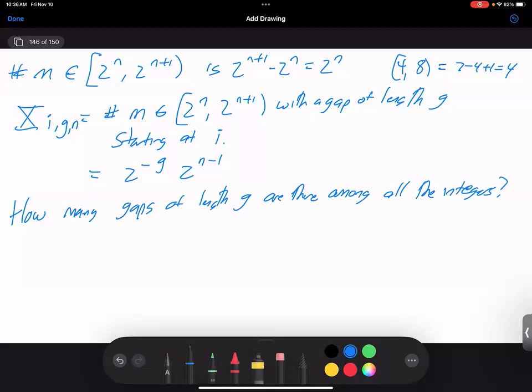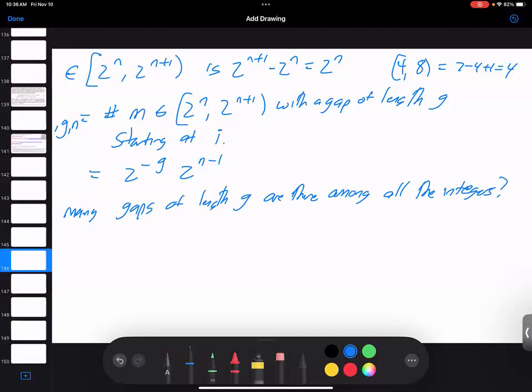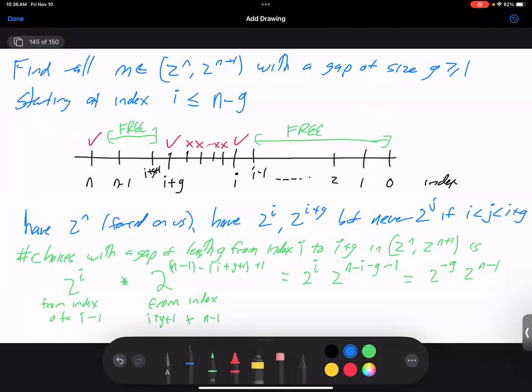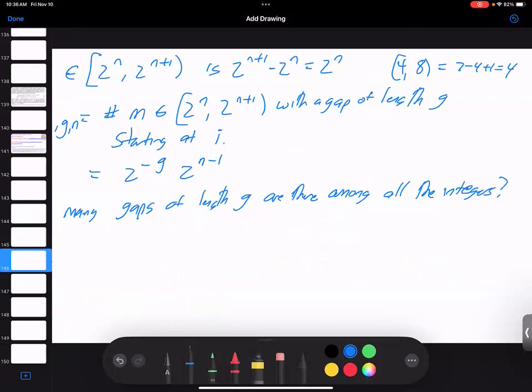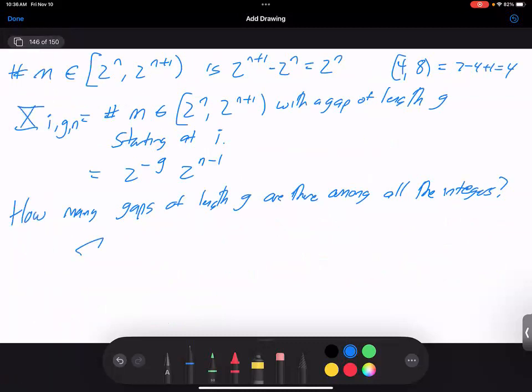So what are the possible starting values for i? 0 through, not through n, not through g. We know i can't be larger than n minus g. So we would sum i from 0 to n minus g, and then we would record how many times we have a gap of length g starting at i. So we would just have to execute the sum.